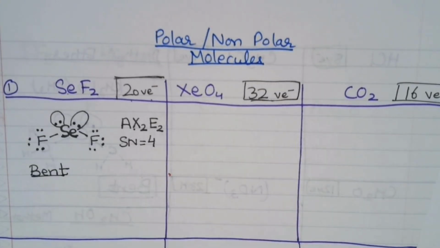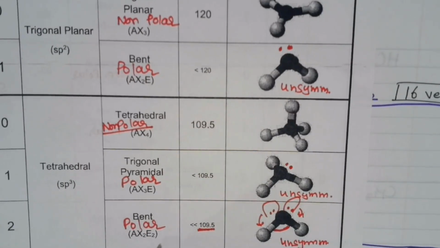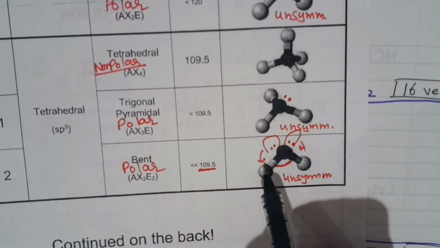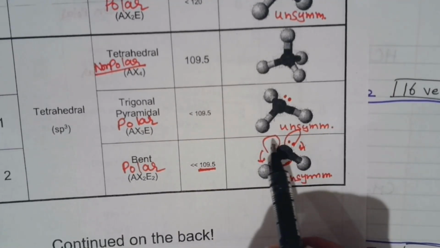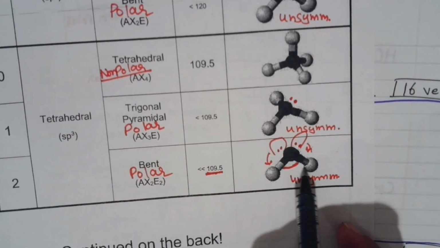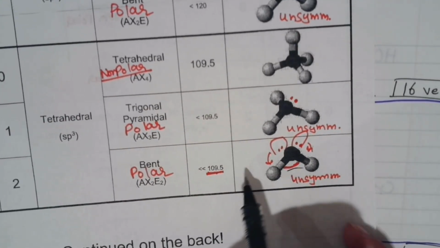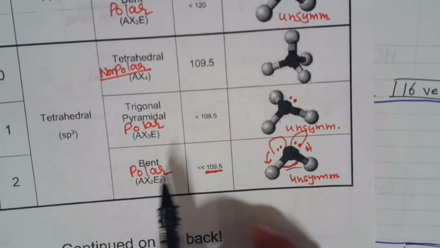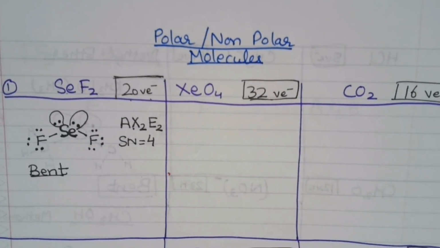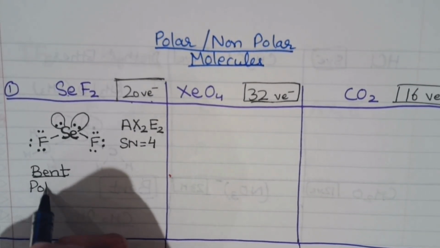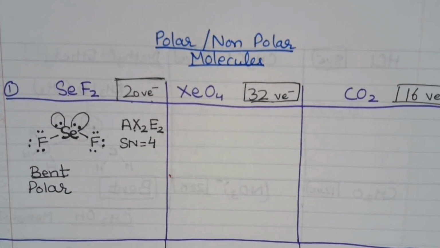And always remember, bent is always unsymmetrical, right? Because the lone pairs destroy the symmetry of the molecule, they push the bond pairs closer. So the angle between the two bonded pairs is less than 109.5. So this is a polar shape, right? So bent is the molecular geometry and the molecule is polar, right?